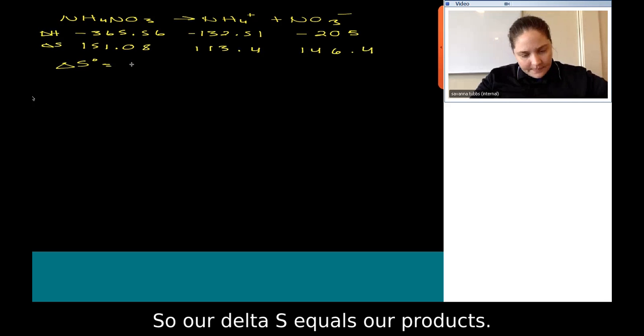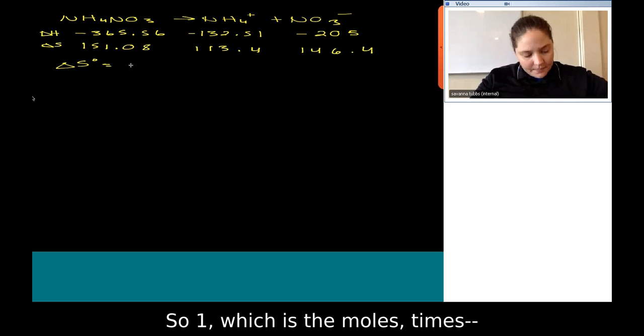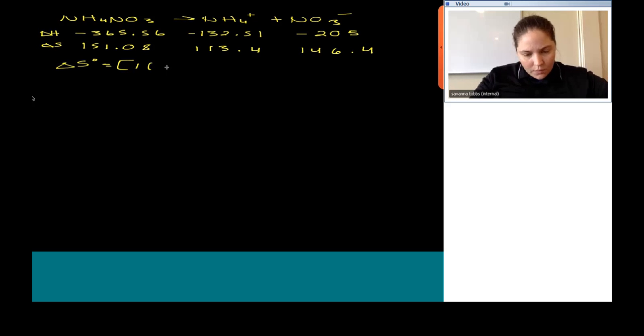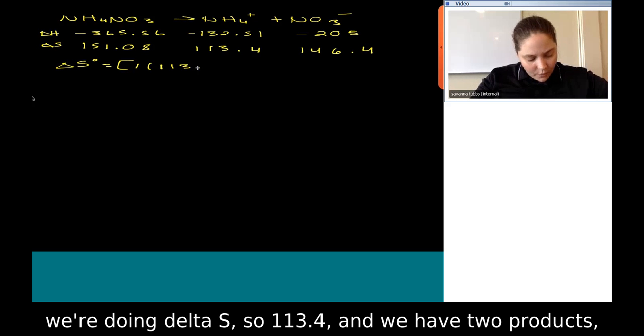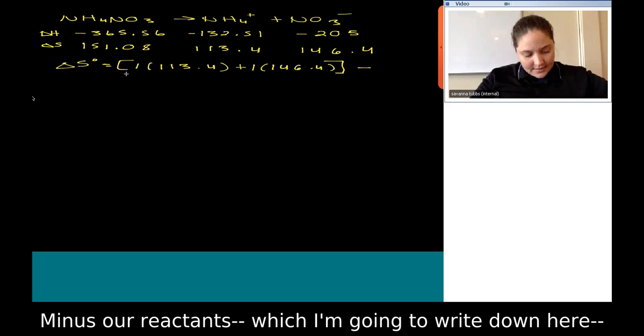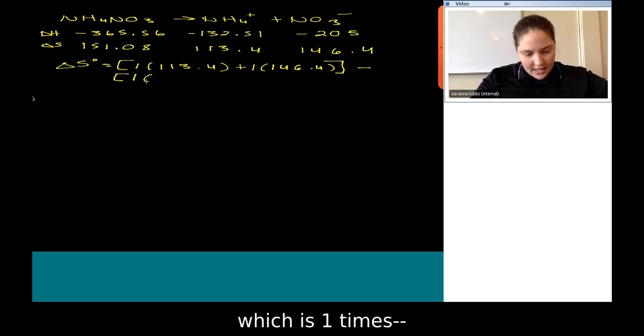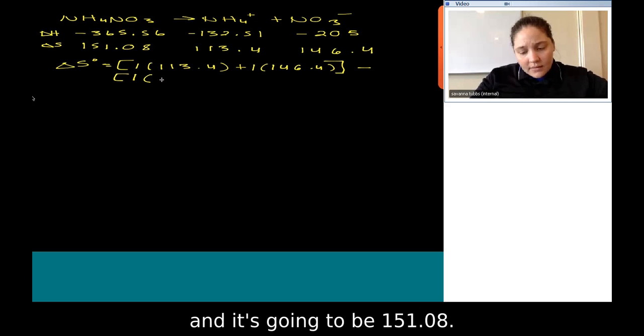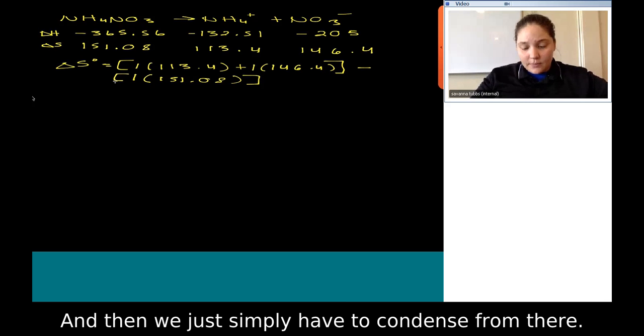So our delta S equals our products, so 1, which is the moles, times 113.4, and we have 2 products, so plus 1 times 146.4, and that is our product, minus our reactants, which is 1 times 151.08, and then we just simply have to condense from there.